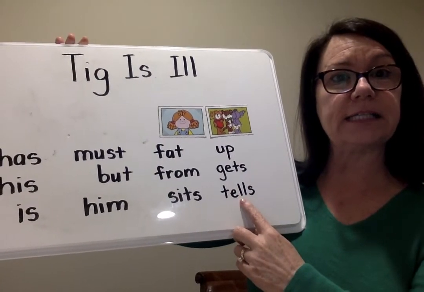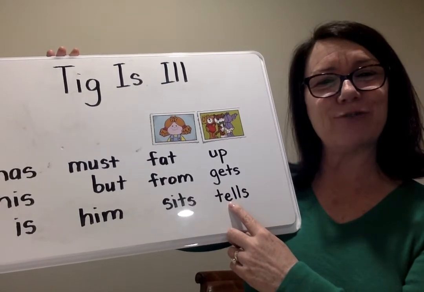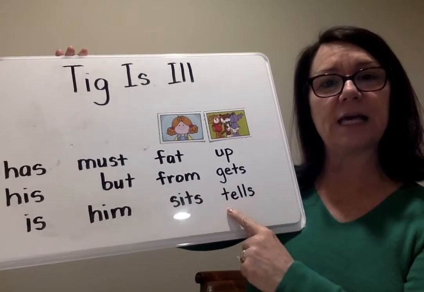Again, FLS&Z rule. L follows short sound for E, so 2 L's, tells.